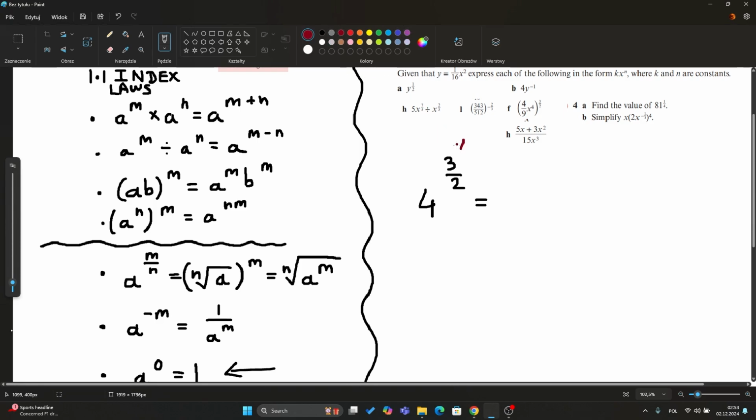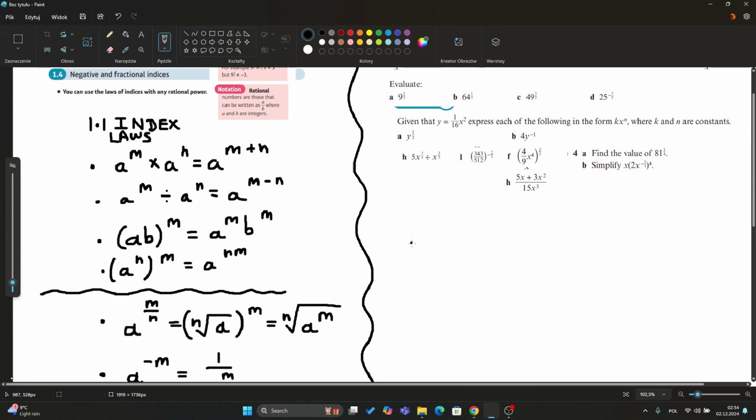This is the power, this is the root. So we can power it first by 3, or we can root it by 2 first. Square rooting by 2 would be the easier part, and this would be 2, and now we power it, so that is 8. So 4 to the power of 3 over 2 is 8.